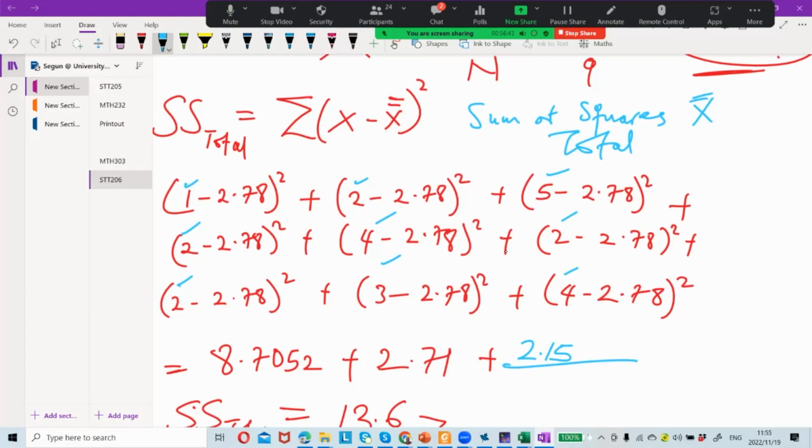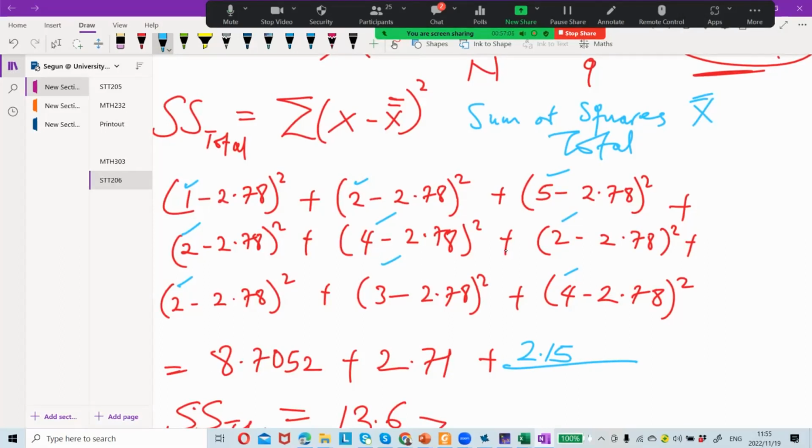What do you have? 13.56. 13.57. Approximate. 13.56, if you approximate, 13.6. You can see why we use 13.6.